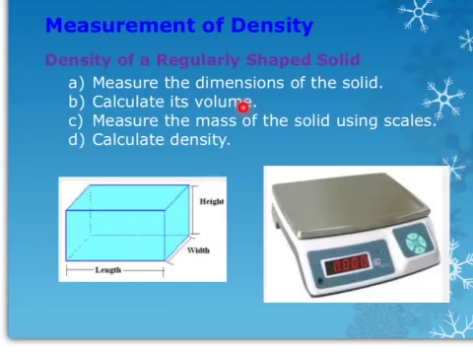Then you measure the mass of the solid by using scales. This is an electronic scale. You just put this solid on here and take the reading there. And finally, you calculate density by using the formula rho equals m over volume.